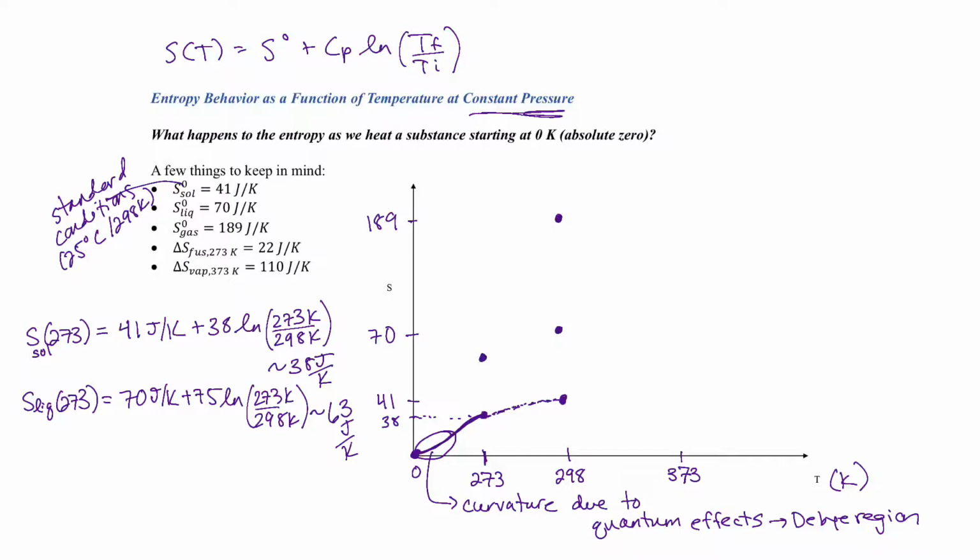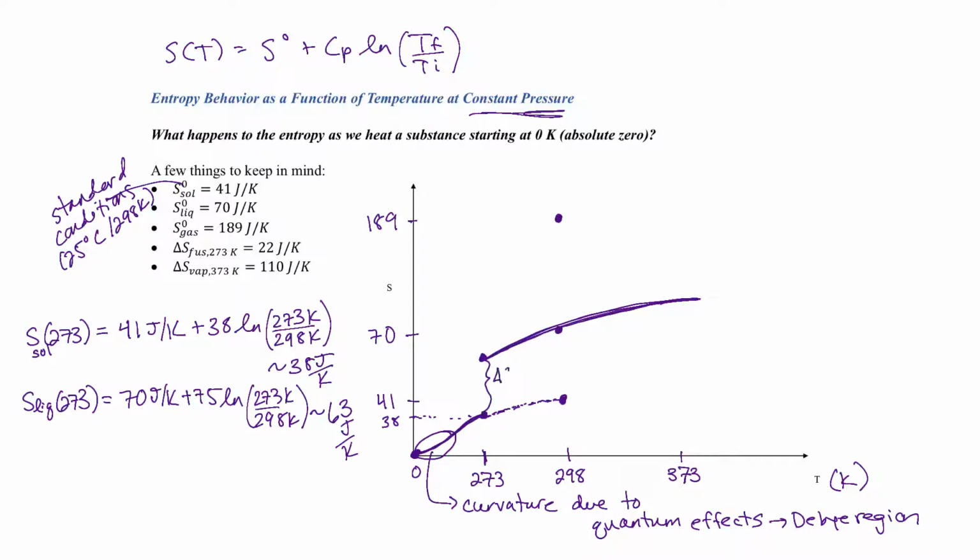So if we again heat our liquid water from 0 degrees, from 273 Kelvin, all the way up to 373, we're going to keep that logarithmic behavior. So we'll just approximate that, kind of that shape. And then we can just mark this.